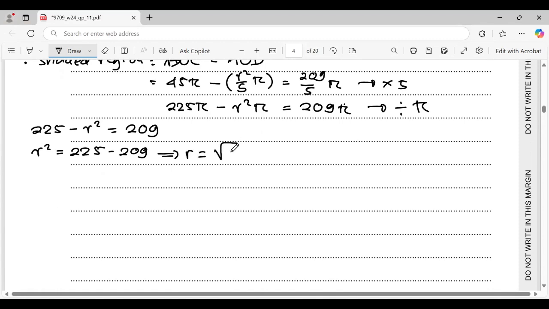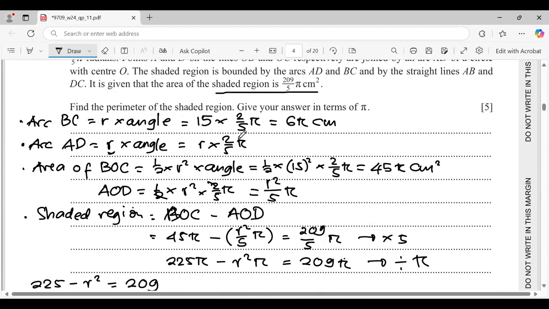So R equals square root of 16, and it is 4. So the radius equals 4. If the radius equals 4, it means arc AD equals 4 times 2/5 pi, and it is 8/5 pi.